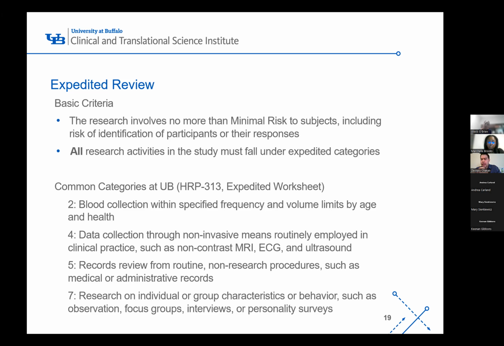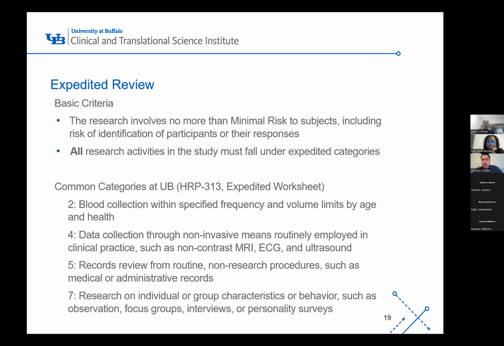We would say, yes, there are surveys and you're researching a group of people, but you're doing some type of intervention on them, maybe a psychological intervention over the course of 8 weeks, such as cognitive behavioral therapy, and also asking them to fill out surveys or diaries over a course of time. That would meet expedited level, because for the most part, interventions cannot be exempt.